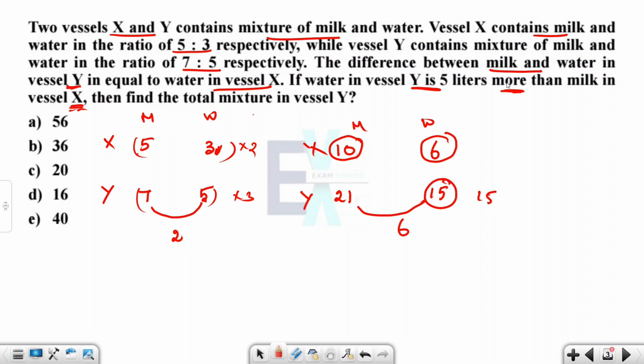So 15 is how many liters more than milk in vessel X? It is 5. Then find the total mixture in vessel Y. They are asking for 21 plus 15, so the answer will be 36.